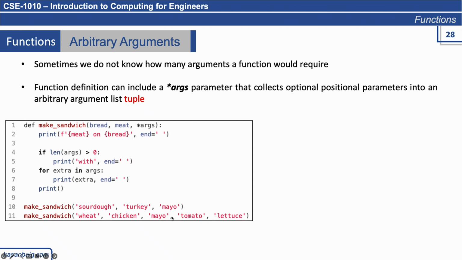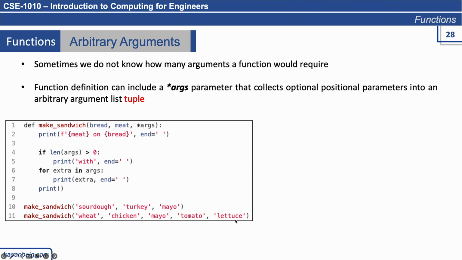Next time another user might be making a sandwich, so they are passing mayo, tomato, and lettuce as additional ingredients or toppings. This is a very good example where we do not know the number of arguments that we will be passing.